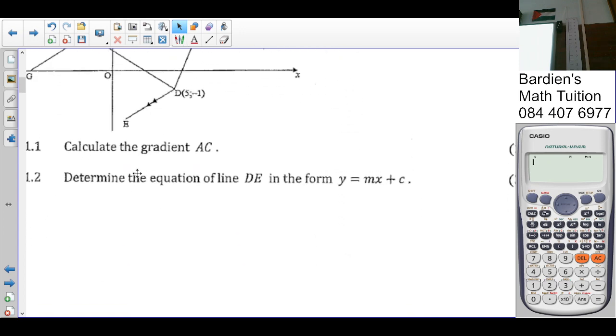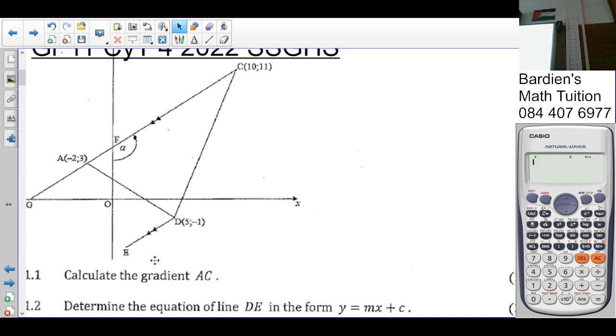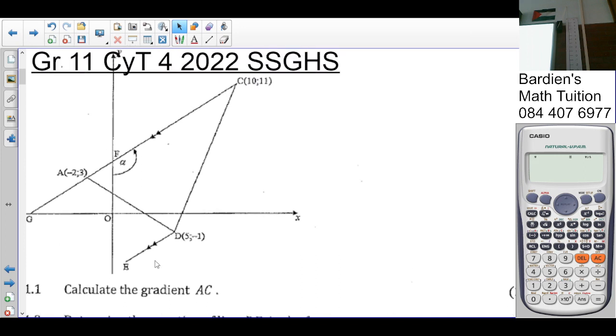In the first question we are told to calculate the gradient of AC. Okay, so how do you calculate the gradient? y2 minus y1 over x2 minus x1.